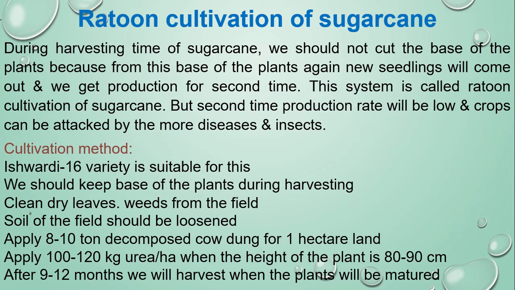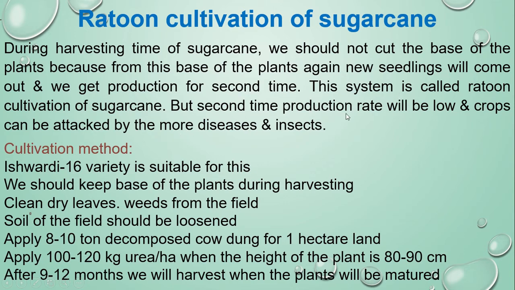And the second time when that root system produces another crop, that is called ratoon cultivation in simple language. So now we can see the definition. During harvesting time of sugarcane, we should not cut the base of the plants, because from this base of the plants new seedlings will come out again and we get production a second time. This system is called ratoon cultivation.